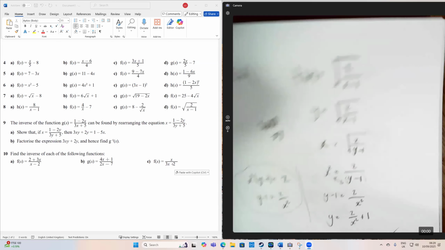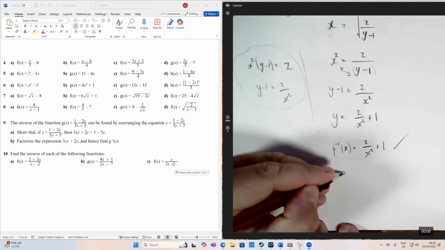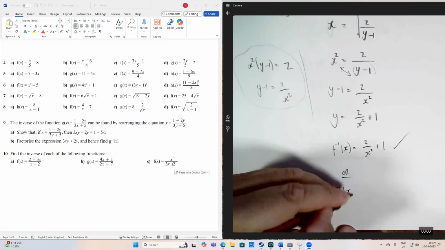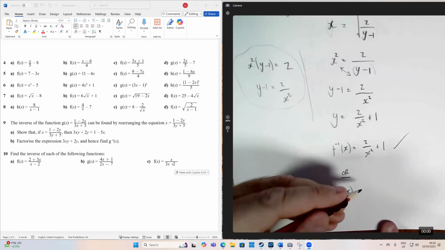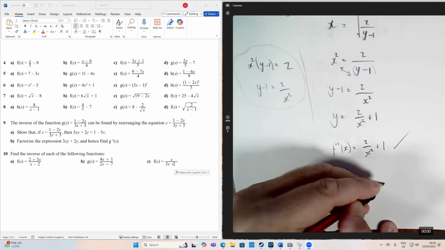But just a little note, you might see that sometimes, depending on whether you're required to write this in a different form, or just another way of writing the same thing, f to the minus 1 of x. What you might do is think of the 1, rewrite that as x squared over x squared. This is just another way of writing the same thing.